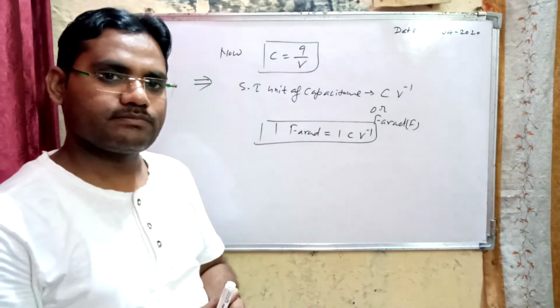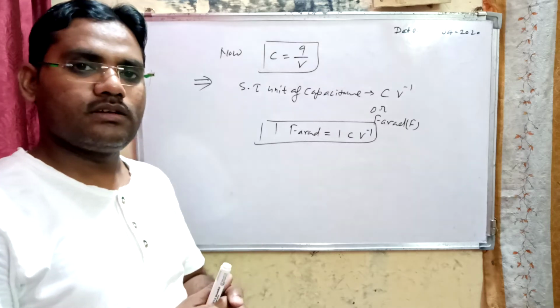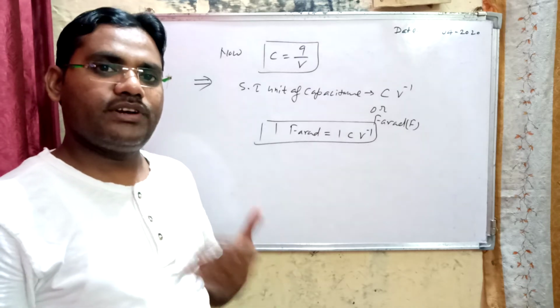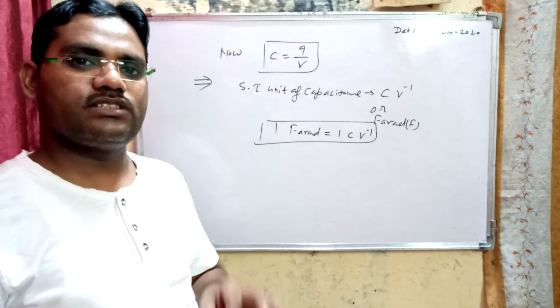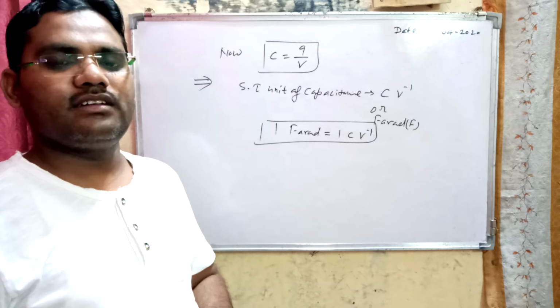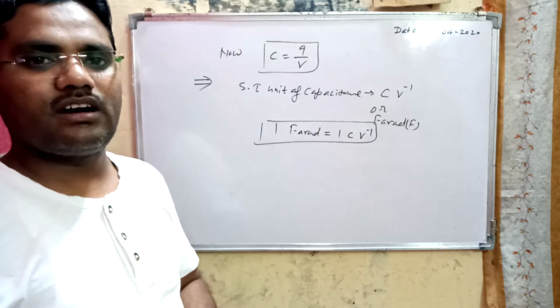Again here we repeat, when the charge given to the conductor is 1 coulomb and the corresponding increase in potential is 1 volt, then the capacitance of the conductor is called 1 farad.